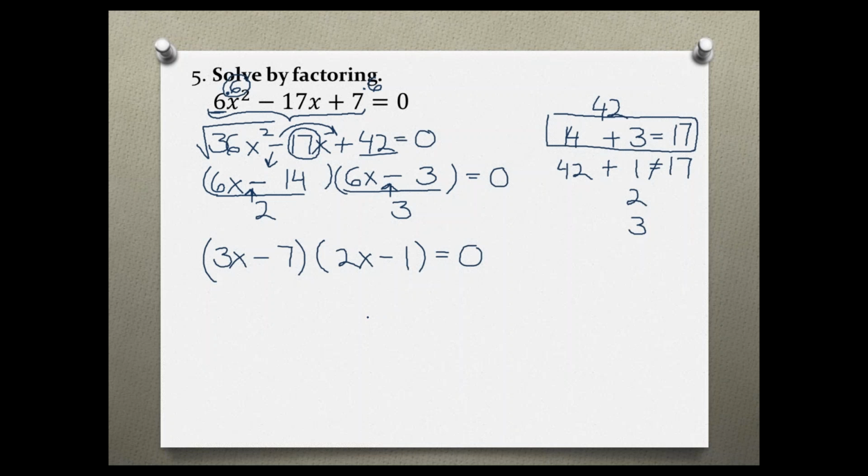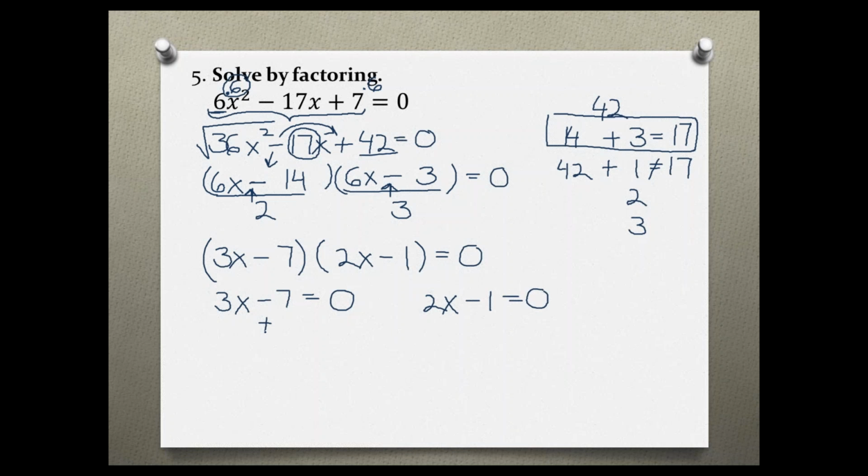So we finish factoring, but because it's an equation, we're going to apply the zero product rule to find the solutions of this equation. And that means that we can take each part and individually set it equal to 0. So 3x minus 7 is equal to 0, and also 2x minus 1 is equal to 0.